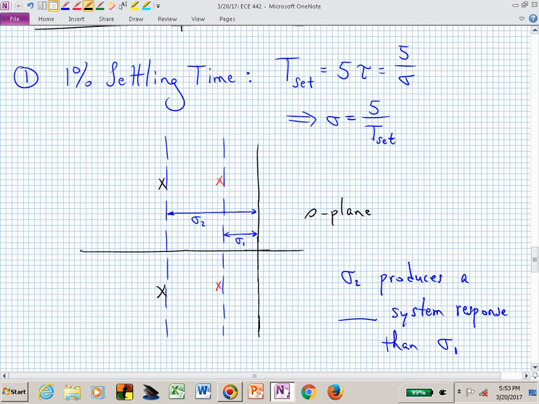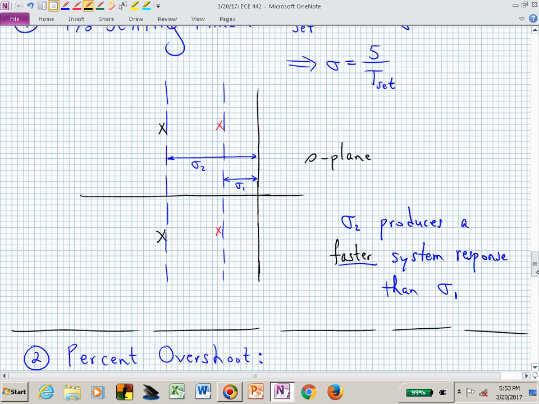Sigma sub 2 is further into the left half plane. It's further away from the origin. That gives you a bigger sigma. So if you put a big sigma underneath 5, that's going to make T smaller, so it'll be a faster settling time. Sigma sub 2 produces a faster system response than sigma sub 1.